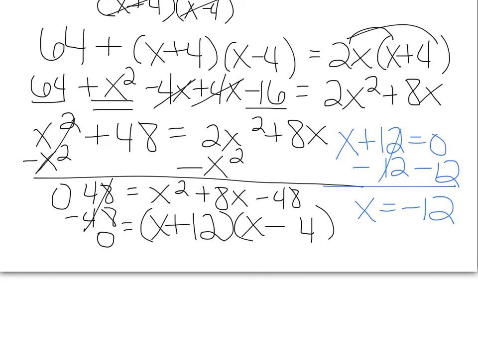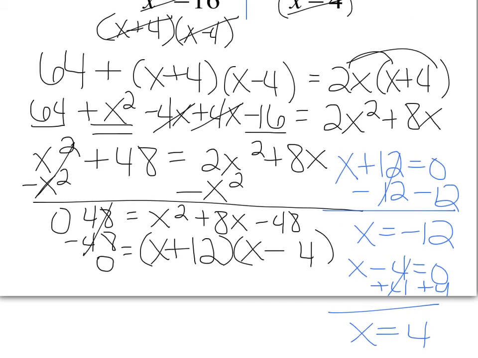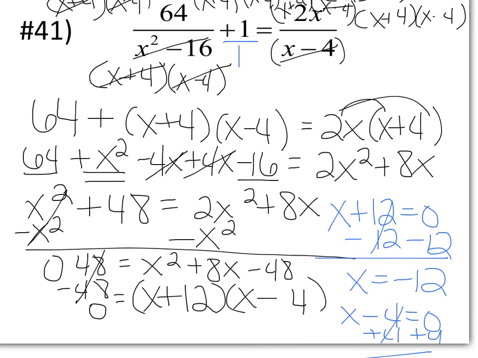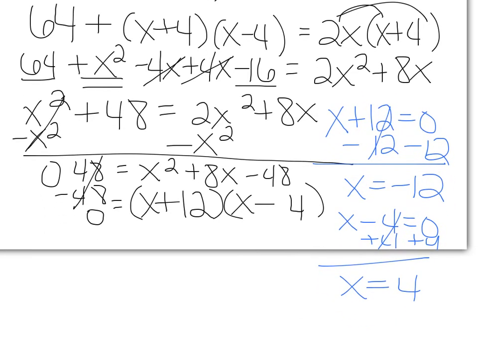And then x minus 4 equals 0. Add 4 to both sides, you get x equals 4. So we need to check 4 and negative 12. So if I put a 4 in here, 4 minus 4 is 0, or here, 4 minus 4 is 0. Now, so we know, if I go back up, 4 does not work.